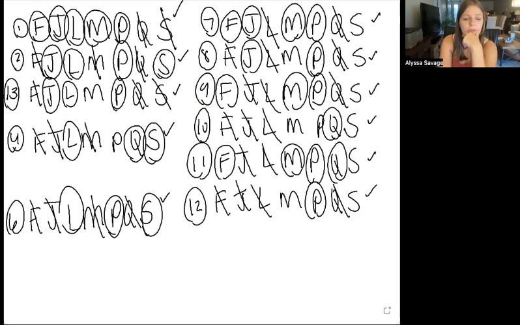Next one says, which one of the following cannot be true? So our wrong answer choices are going to be those that could be true. And our correct answer choice 100% can never happen in our diagrams. So could it be true that F and Q both present? Yeah, that can happen at least once.